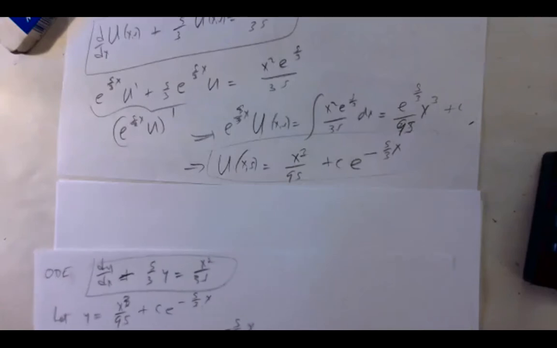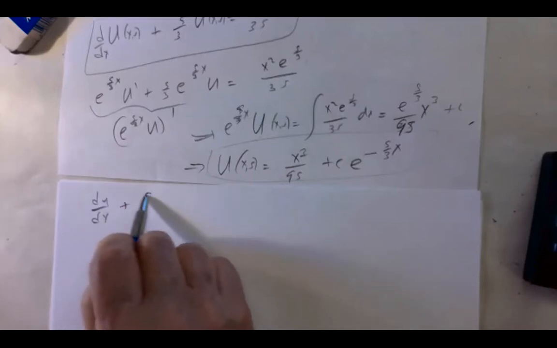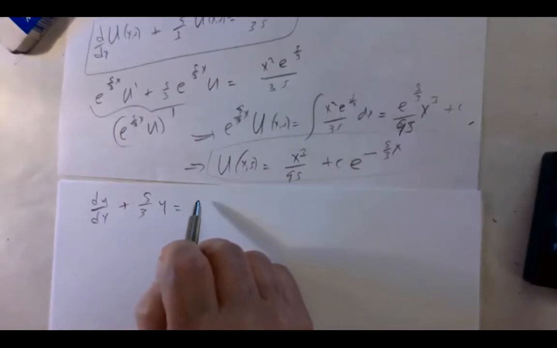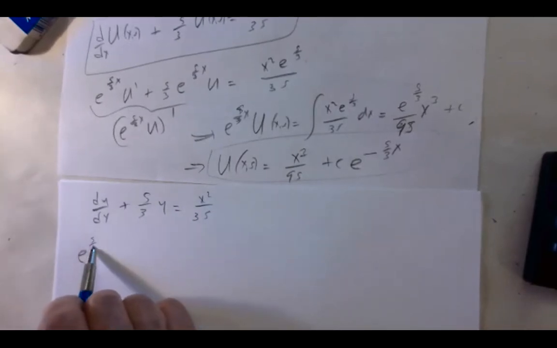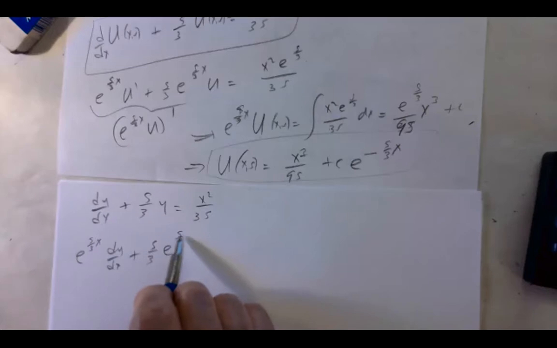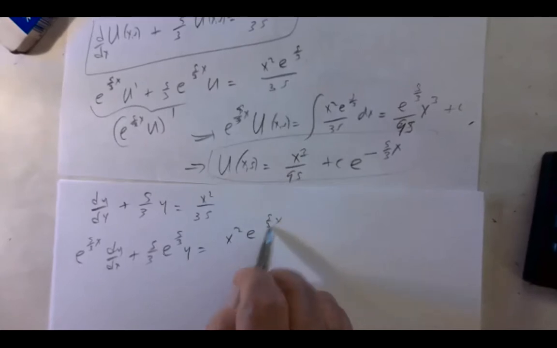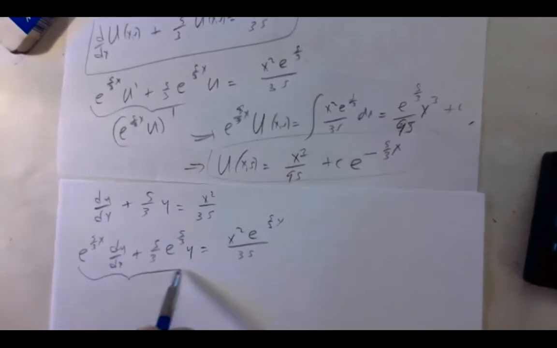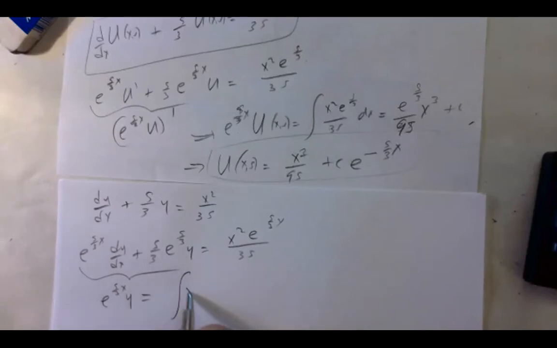Let me just take a fresh piece of paper to solve this differential equation. If I have dy/dx plus s over 3 y equals x squared over 3s, I multiply by e to the s over 3 x, and of course, this is just e to the s over 3 x y differentiated. So this is the integral of x squared e to the s over 3 x over 3s.